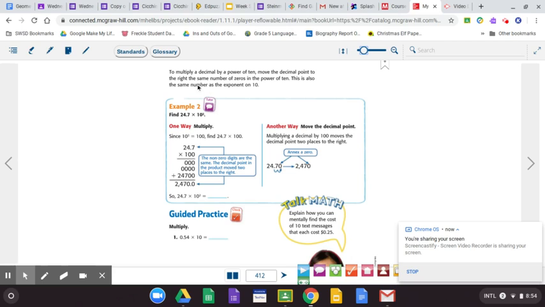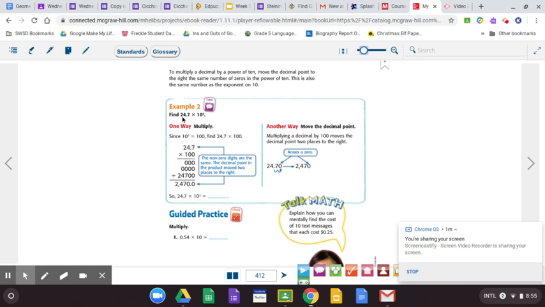Up here it says, to multiply a decimal by the powers of 10, move the decimal point to the right the same number of zeros in the powers of 10. This is also the same number as the exponent on the 10. So you're moving it to the right. What you're doing when you're moving something to the right is you're actually making it bigger by place values. So here they showed you one way.